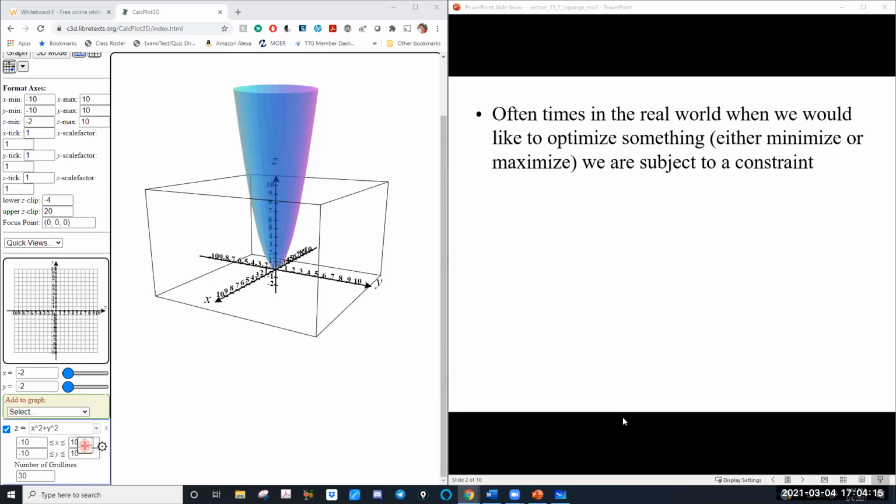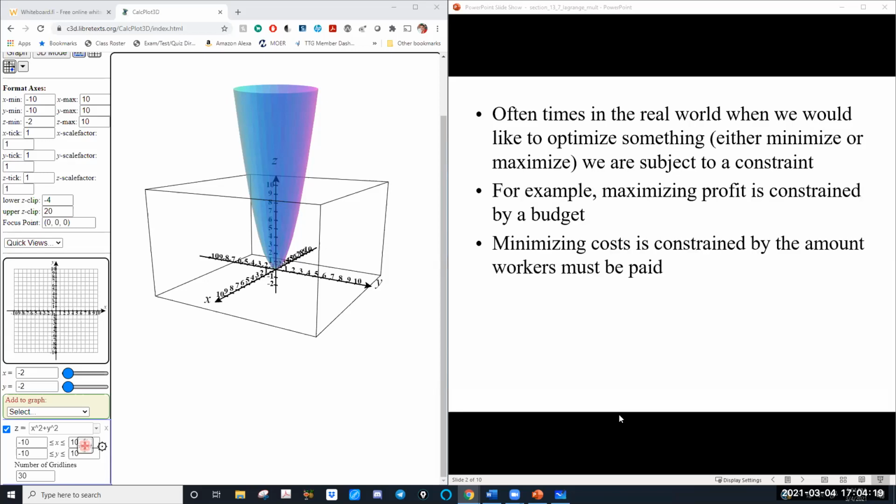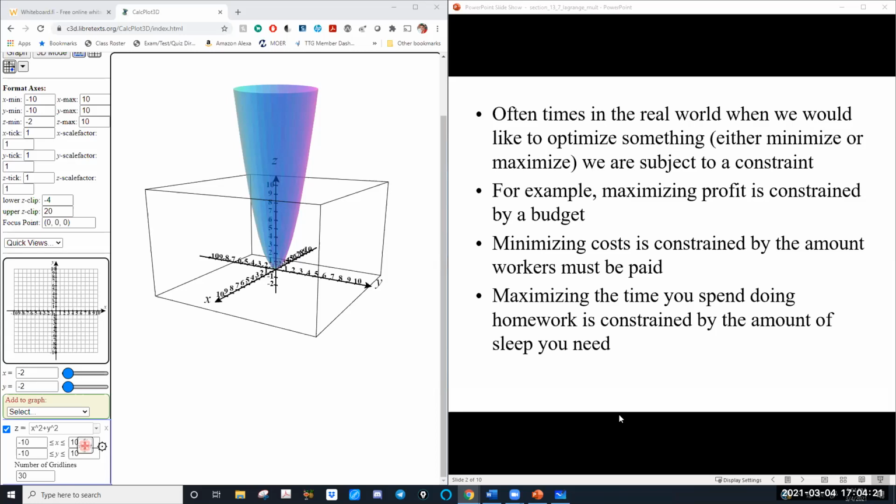But we're going to focus on the LaGrange multiplier method in here. All right, so a lot of different examples of constrained optimization. So let's talk about what this looks like. We're going to look at the situation geometrically because I do want you to just get a sense of why we do what we do.